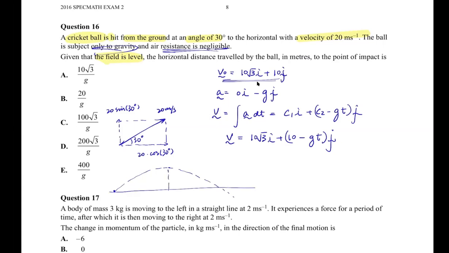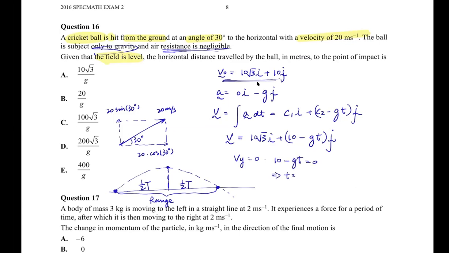So the ground is level. If I found the time to reach the highest point, that means I have traveled half of the range. Range means, for a level situation, from the starting point to the point where it hits the ground. So this one is half t, this one is half t, okay? How do I get half t? Half t is when vy equals 0, 10 minus gt equals 0.